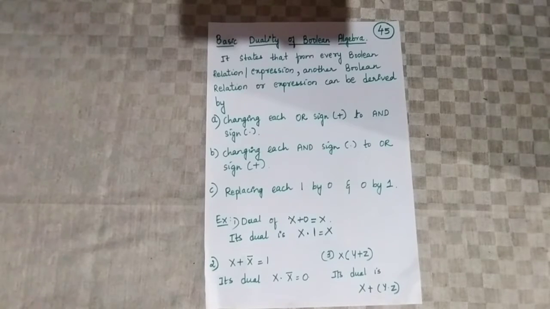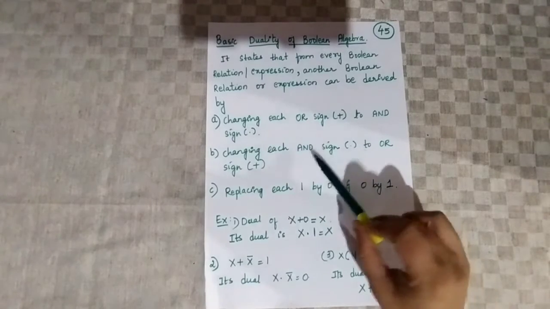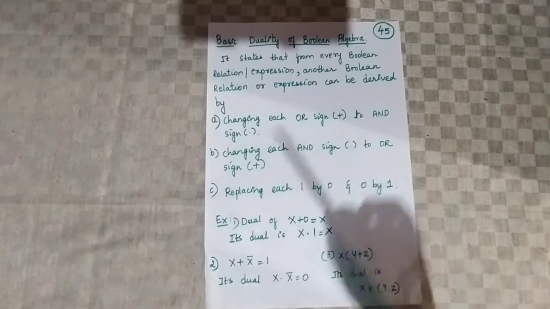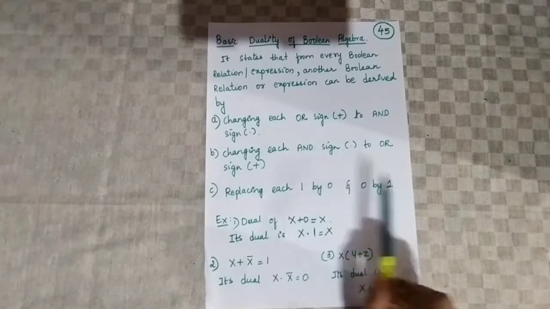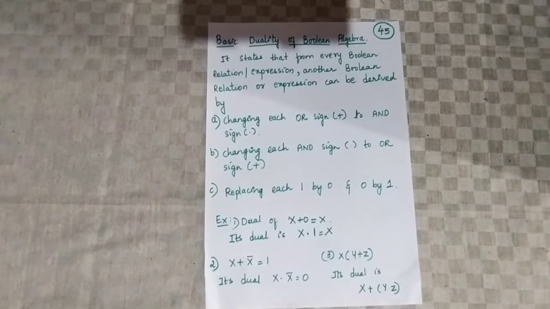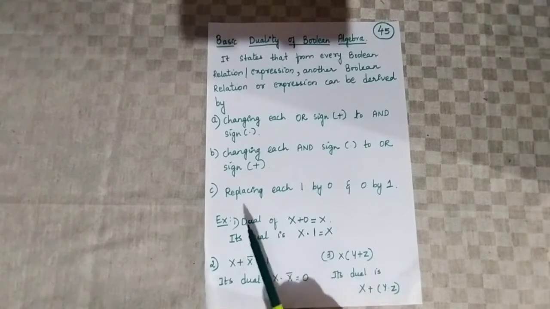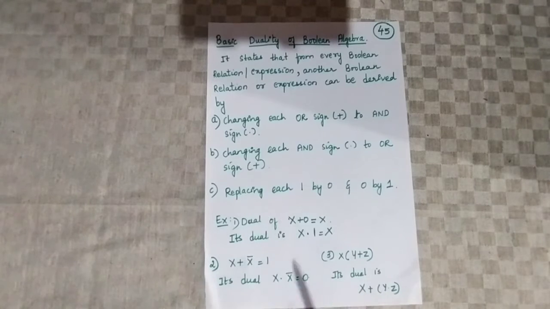But what are the rules for deriving a new expression? They are changing each OR sign to AND sign, that is plus to dot, changing each AND sign to OR sign, that is from dot to plus, and replacing each 1 by 0 and 0 by 1.